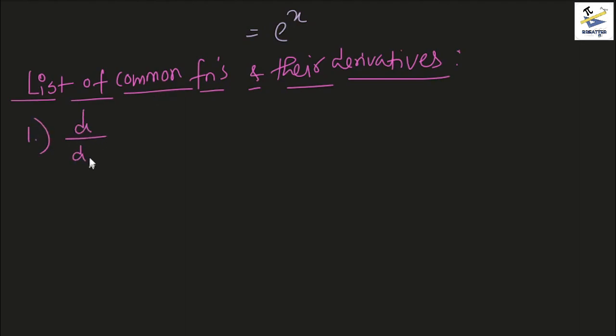A derivative is usually written as d dx, where x is the differentiation variable, and in brackets we write the function which we are differentiating. So this is the format that I am also going to use.